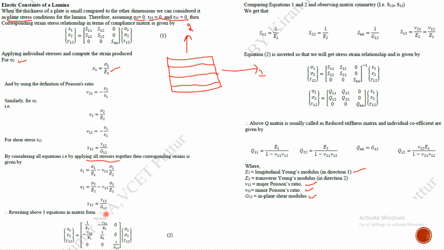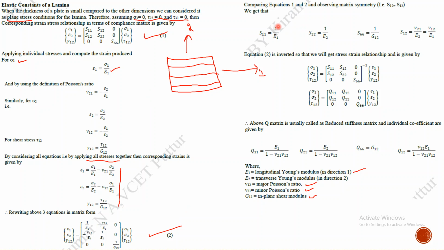If I consider these three equations and rewrite them in matrix form, the strain relation to stresses becomes: 1 divided by E1, minus nu 21 divided by E2, 0; minus nu 12 divided by E1, 1 divided by E2, 0; 0, 0, 1 divided by G12. Let's compare this equation number 2 with equation number 1.